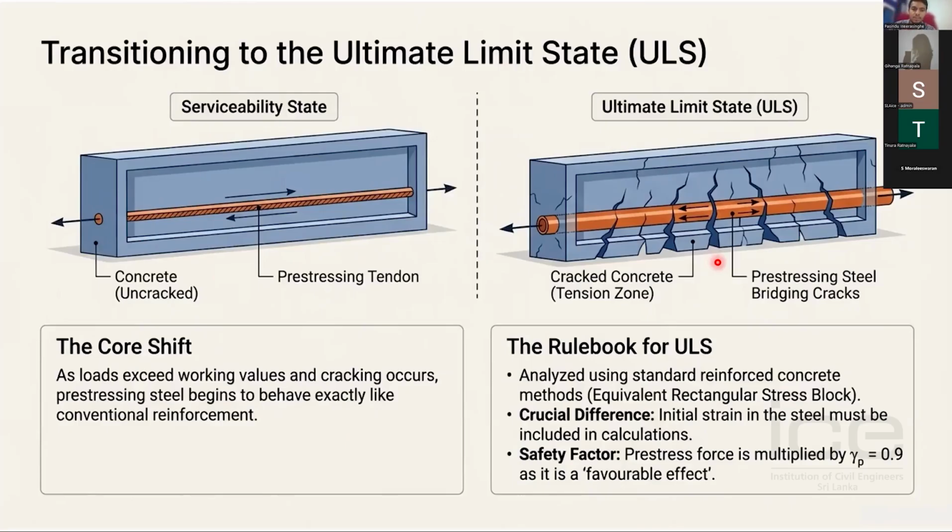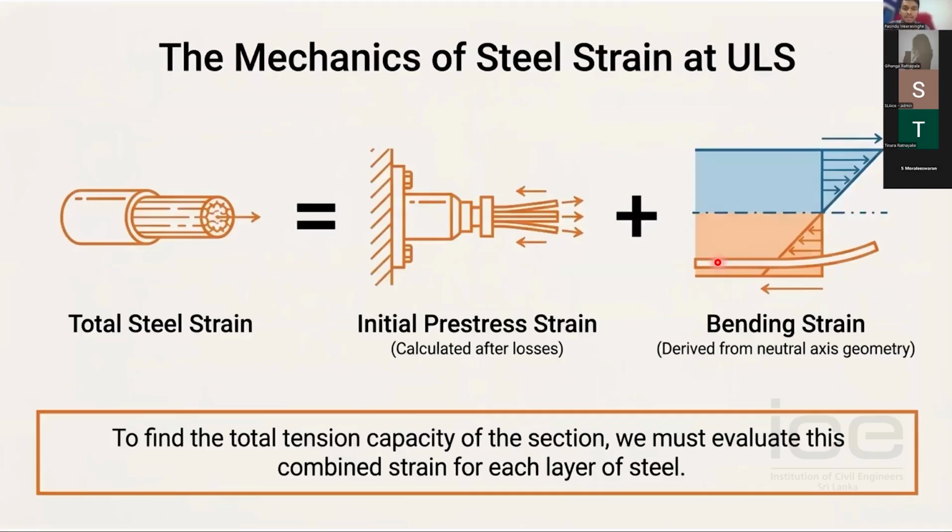There, what we look at is, just like the reinforced concrete, the stress conditions. So at the ultimate limit state, it will have a triangular stress distribution due to the bending. Reinforcement will carry the tension. The top part will be in compression.